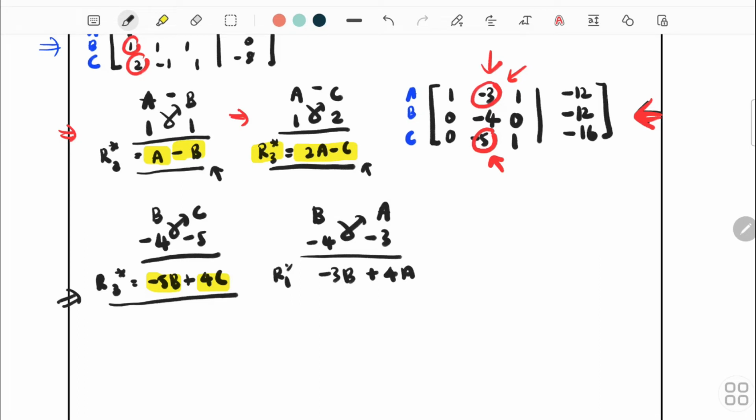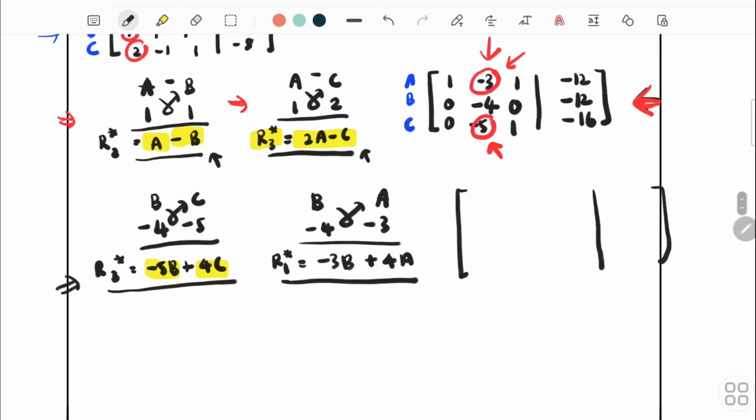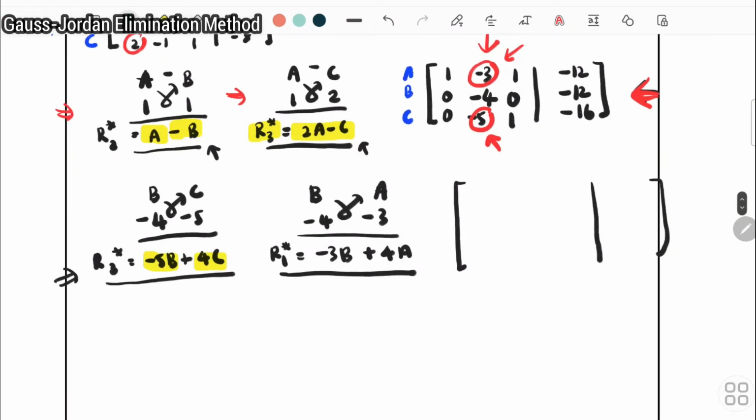This will give you the new R1, R star. Star means that you are telling other people that this is the new row. So in this step you're going to get the new R2 and the new R3.